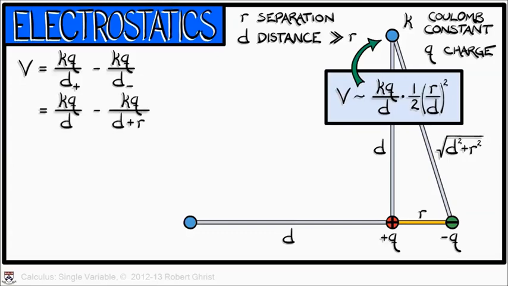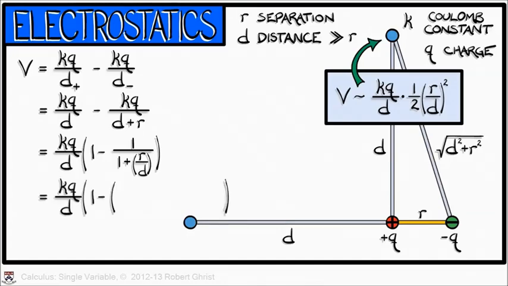Well, in this case, d plus remains the same. It is this distance, d. But now, d minus is a bit simpler looking. It is d plus r, the separation distance in the dipole. Now again, factoring out a kq over d, we get a term on the right-hand side that is of the form 1 over 1 plus r over d.